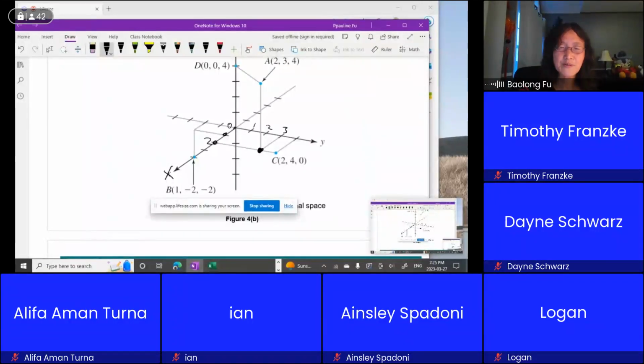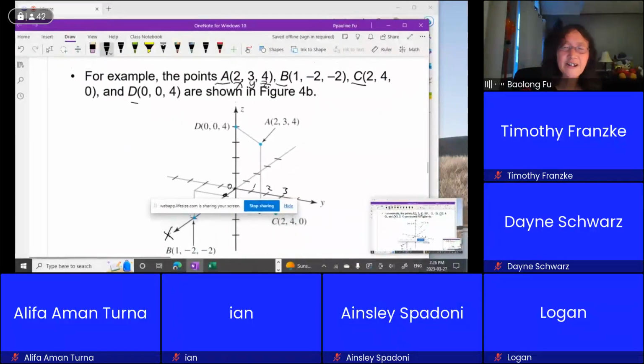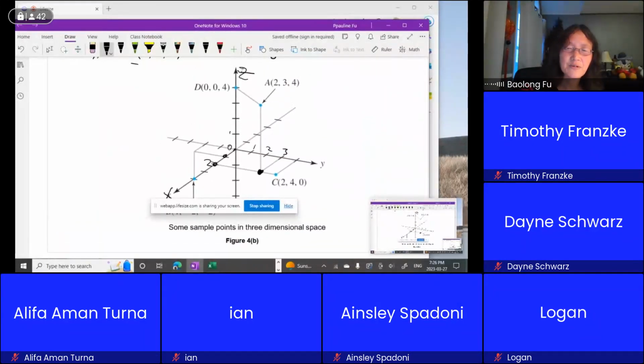This point represents x equal to 2, y equal to 3. Then z equal to 4. This is z, 1, 2, 3, 4. So the final point for A is here. This point represents x is 2, y is 3, z is 4.